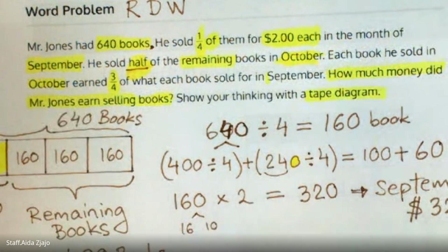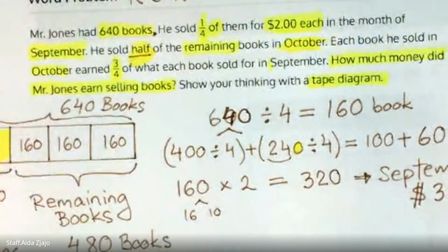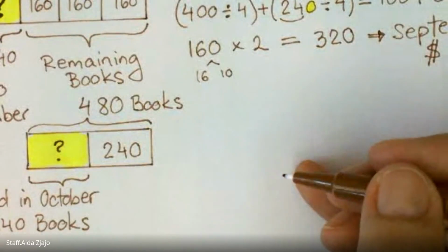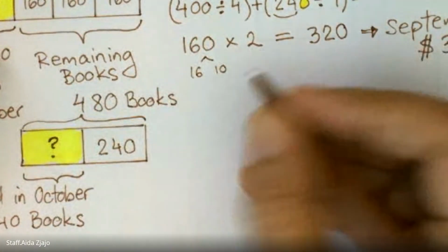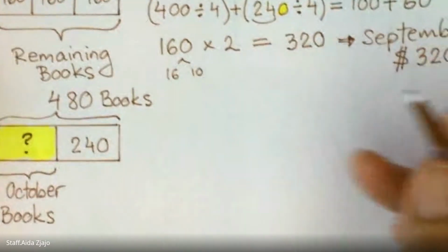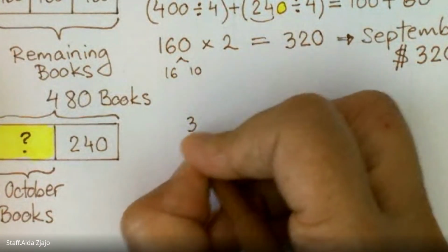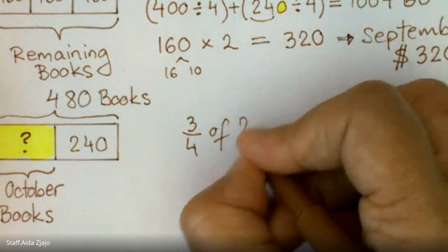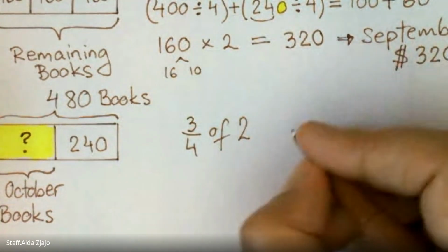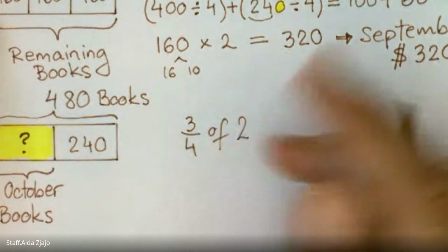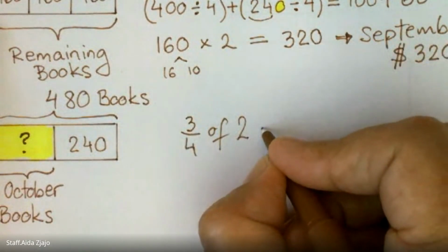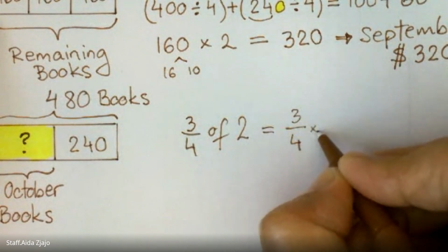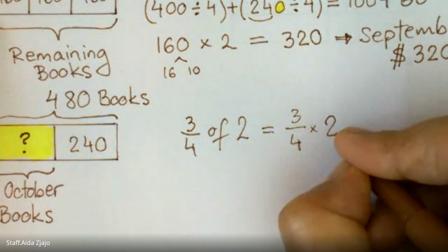In October, there are different ways to think it through. Now we need to find what one book is. So one book is three-fourths of $2. If thinking three-fourths of two, you can draw a model, or you can multiply three-fourths by two wholes.